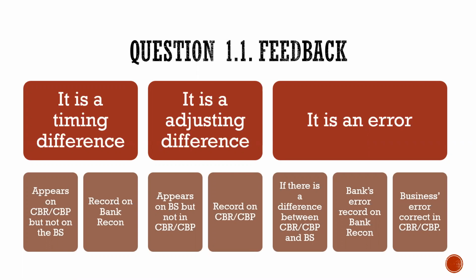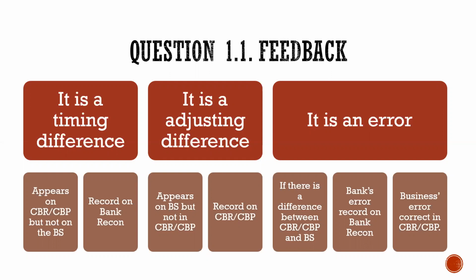So what I would do is take the transaction from my bank statement and then record it in my cash book receipts or cash book payments to update my accounting records with those transactions. Because they have actually happened, I was just not aware of them, so I haven't recorded them. So now I'm just updating my accounting records to reflect those amounts that have physically taken place.